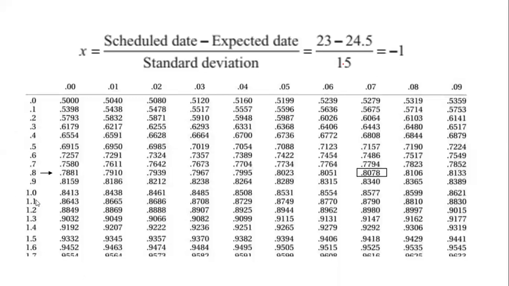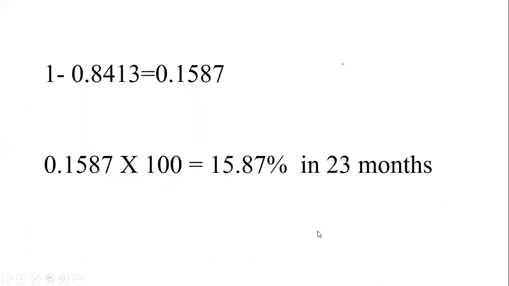Go in this chart, -1 is here, sorry, 1 value is here, 0.8413, and the minus sign. So further calculation is like this: 1 minus the value of -1, which is 0.8413.